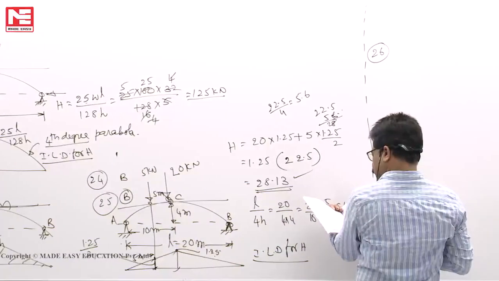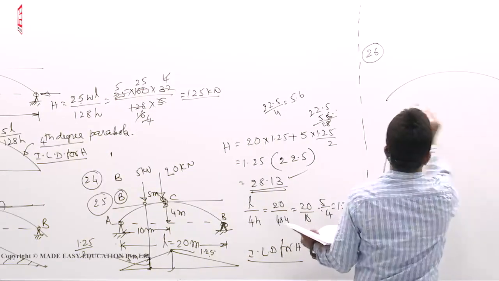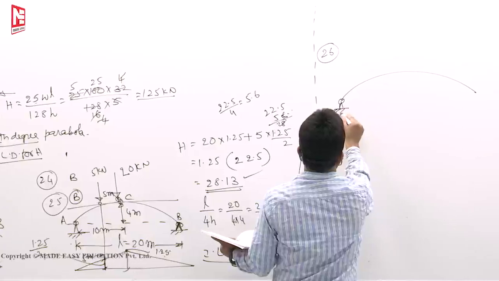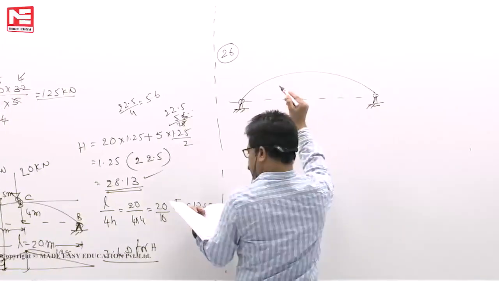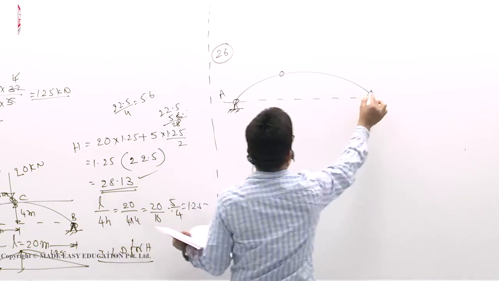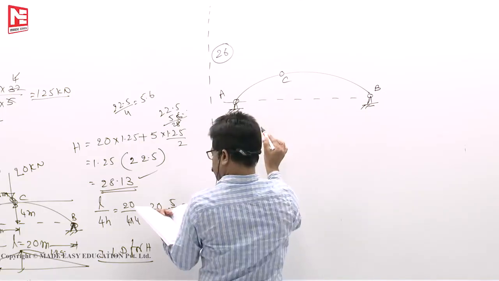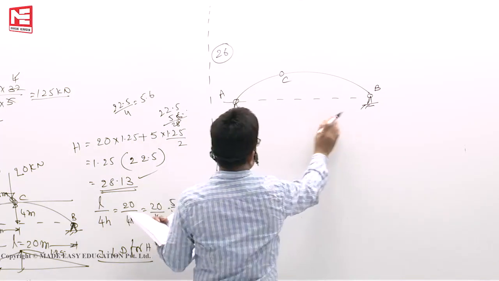Horizontal thrust at support A in a 3-hinged arch shown in figure. Horizontal thrust. Then the hinge is not somewhere here, it is there. A, B, C. The difference in elevation also is there, 1 meter.